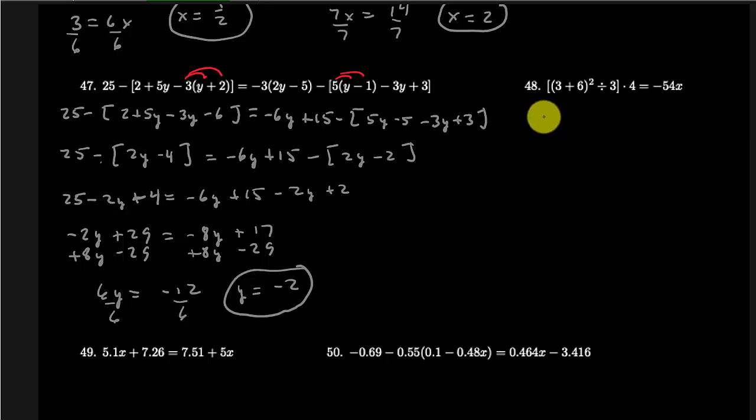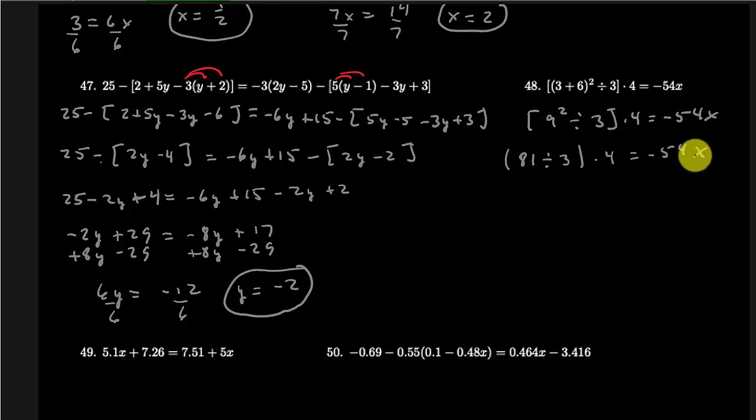So here we've got 9 squared, 3 plus 6 working inside the parentheses, divided by 3, and then this is times 4 equals negative 54x. So this is 81 divided by 3 times 4 equals negative 54x.